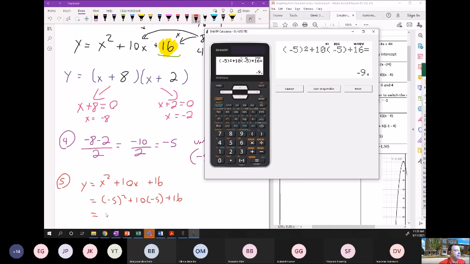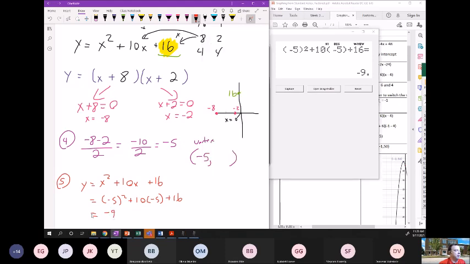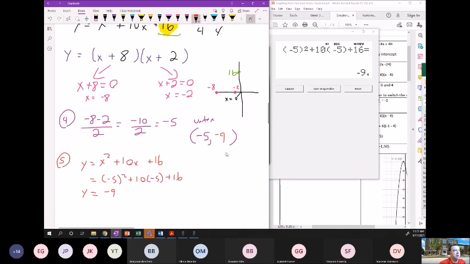There we go, -9. That's a much more reasonable number. Therefore, my point, say -9 is in here. And I draw my curve, hitting my 3 points.